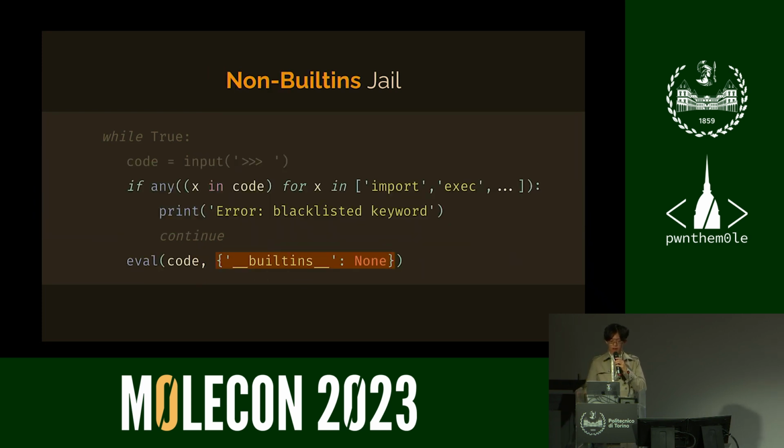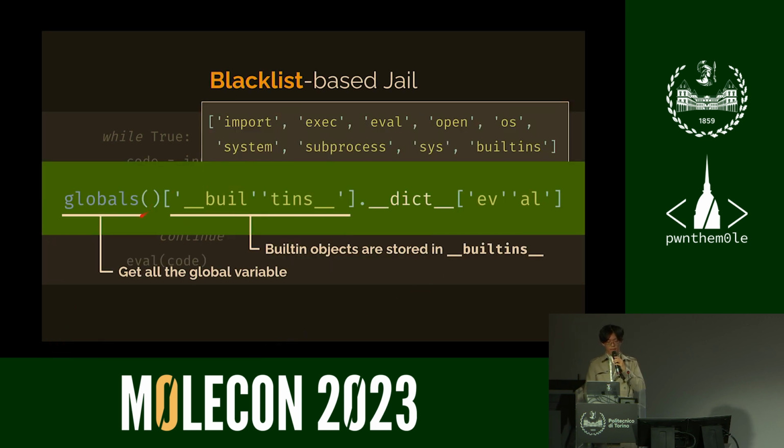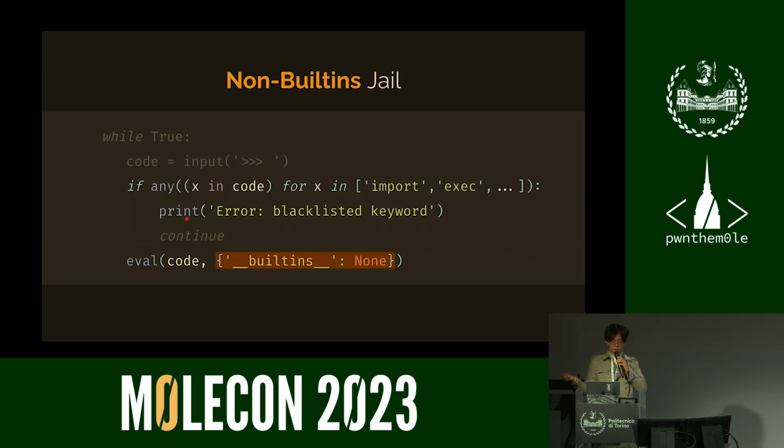Since we use a built-in function here, a global function, maybe we can just not let the user get those built-in objects. The eval function has a second argument you can pass in, where you can set the builtins to None or an empty dictionary.